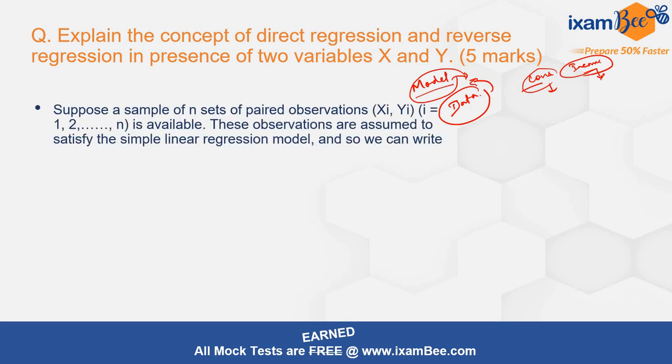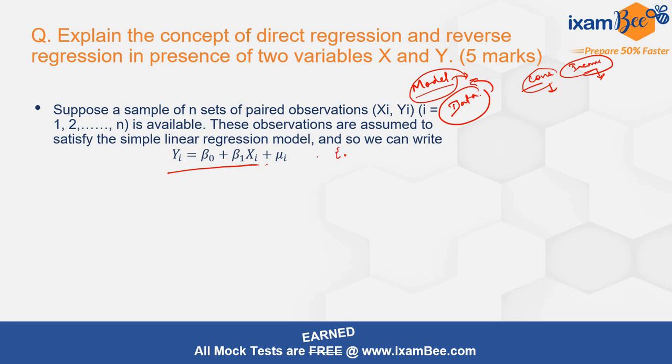So this is one particular form of simple linear regression model here. Xi is the independent variable, mu i is your error term, that is, it tells you the difference between the observed value of the variable and the point on the fitted line.